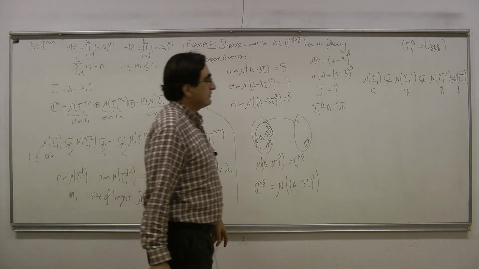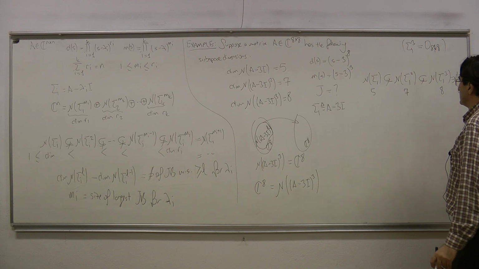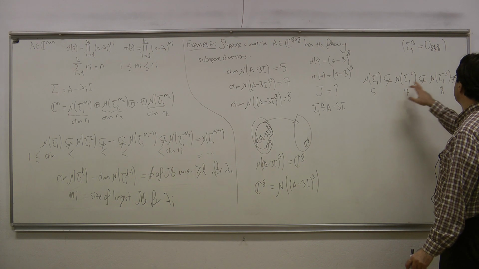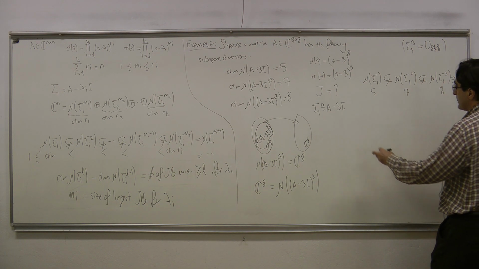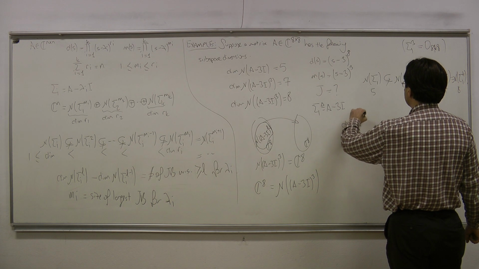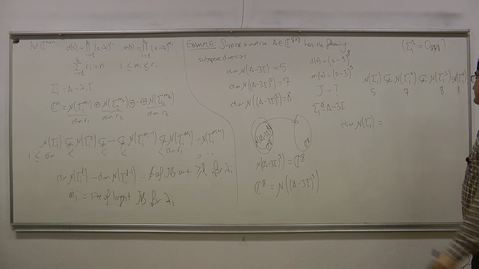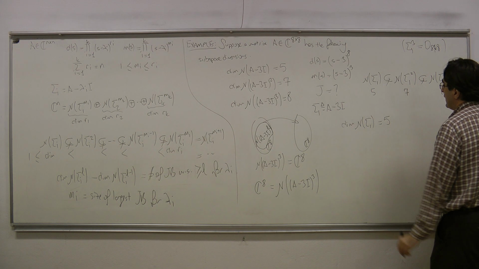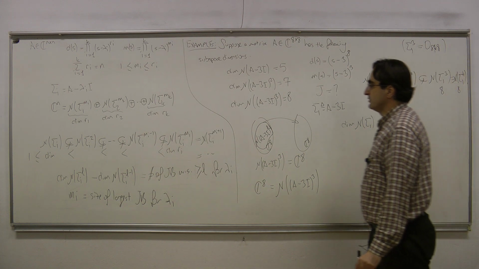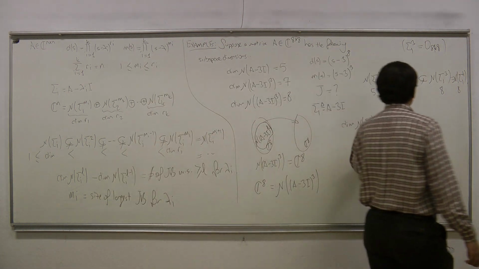Now let us look at the Jordan canonical form. For the Jordan canonical form, I'm going to look at these dimensions. All right? So the first thing that I'm going to look at is the dimension of the null space of sigma 1. Okay? This dimension is 5, and I know that this is going to be the number of Jordan blocks for the eigenvalue 3.